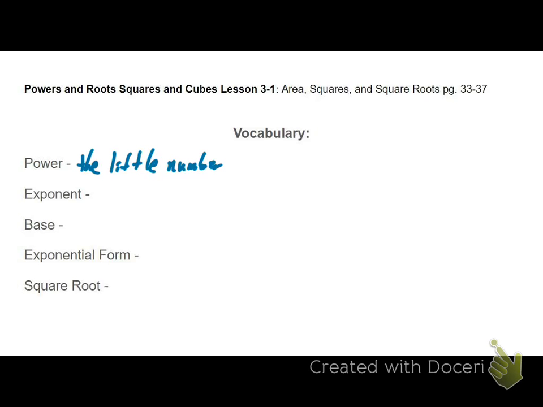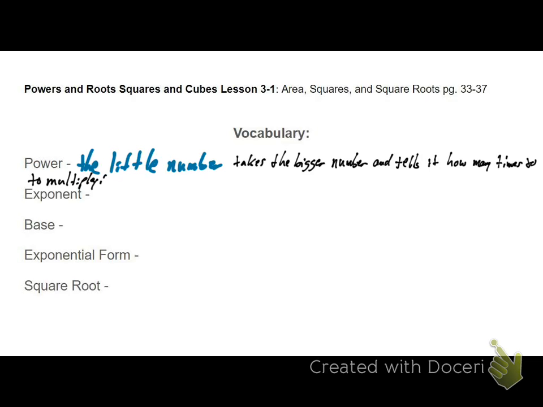Well, it takes basically the bigger number and tells it how many times to multiply itself.